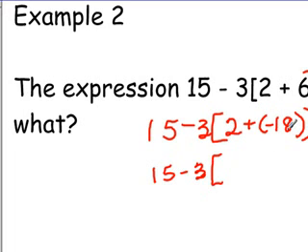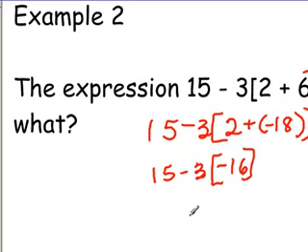When adding or subtracting integers, if the signs are different, we subtract. So 18 minus 2 is 16. Since my 18 was my biggest number, when I'm looking at it without the sign, it's going to be a negative 16. So 2 plus negative 18 is negative 16.